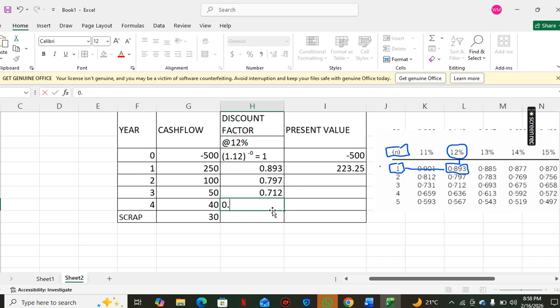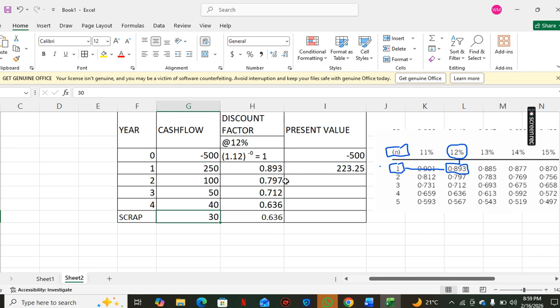Even for the scrap value, use year 4, don't put year 5. The assumption is you will sell it at the end of year 4. So if we wanted, we could have added this 40 plus 30, we get 70, and then just multiply it by that. Or you can also just do it like this. The discount factor, same for the scrap value, 0.636.